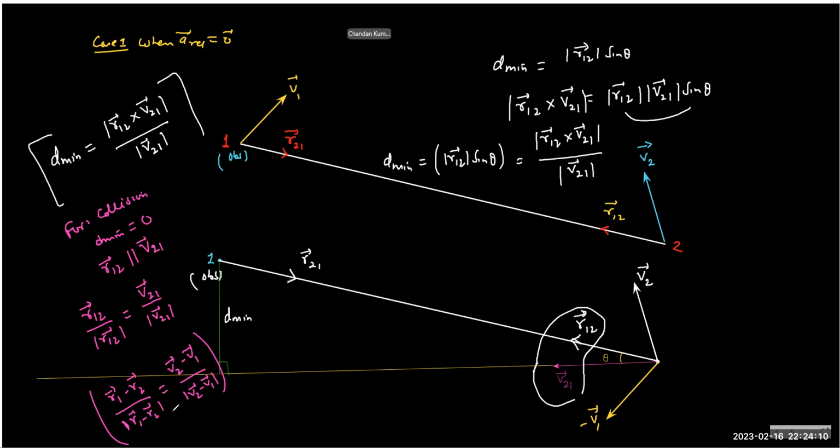And then you can replace cos theta in terms of dot product.